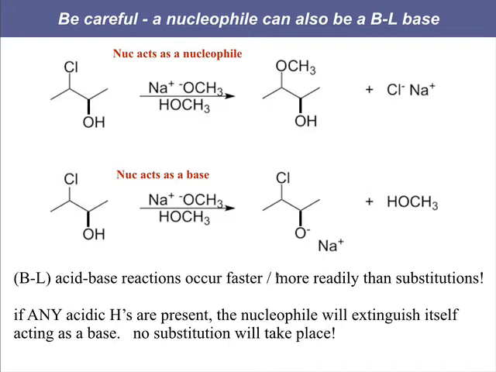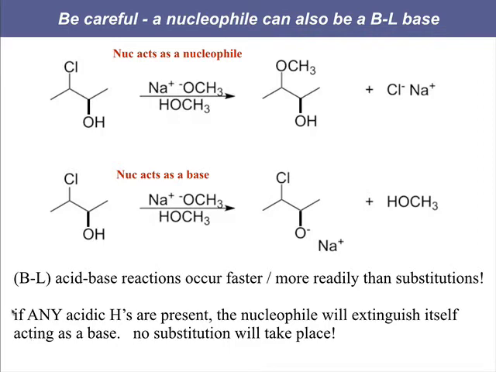What I'm saying is that the reaction proceeding in this fashion, where our nucleophile acts as a Bronsted-Lowry base, is more likely to occur. It's going to occur faster than our top reaction is.